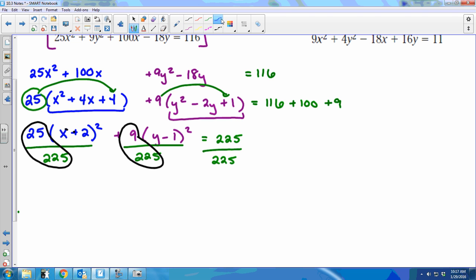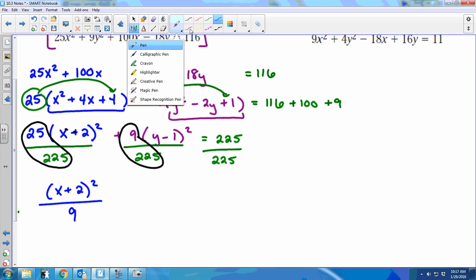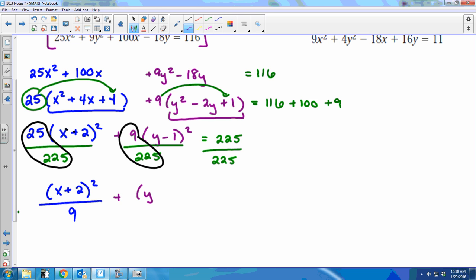So we are going to end up with x plus 2 squared, 25 over 225 reduces down to 1 over 9, so that's over 9, of y minus 1 squared, 9 over 225 reduces down to 1/25, so it's over 25, and then you have equals 1. They will not always be the numbers switched. Just letting you know that. Don't always assume that. Make sure you actually look at it.